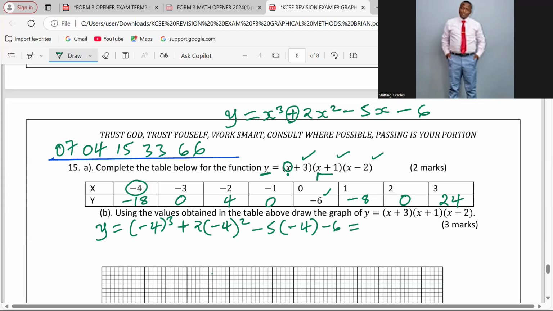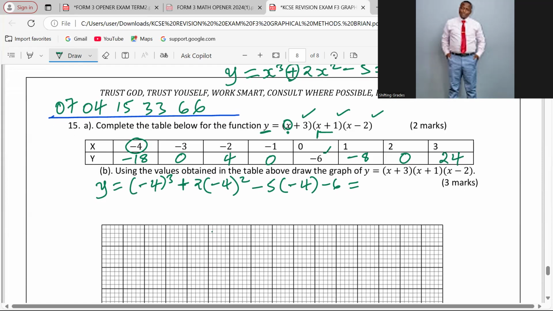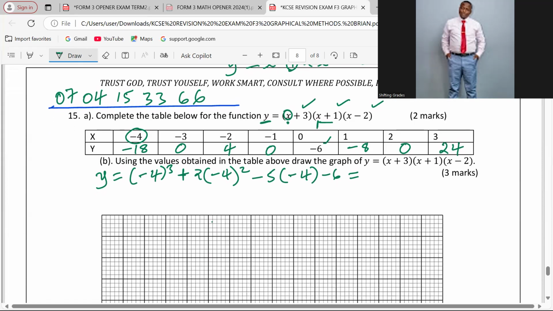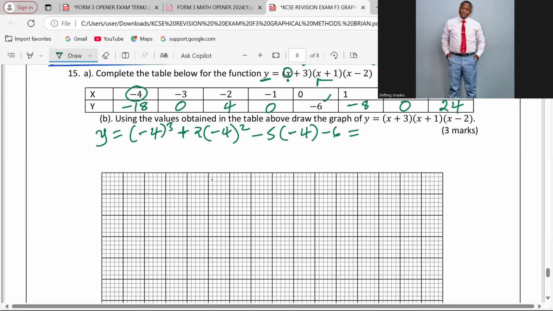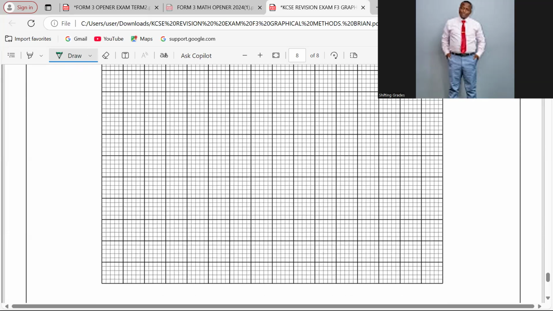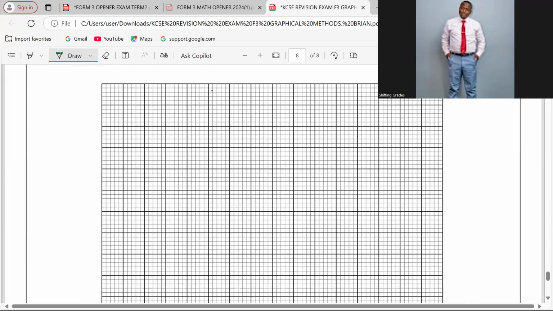So for the values of y, now I have to choose a scale. I'm moving all the way from 24 to negative 18, and this is giving me 42 units. I want to represent that on this graph.